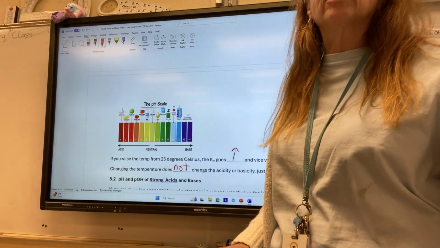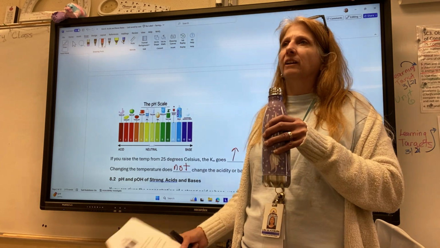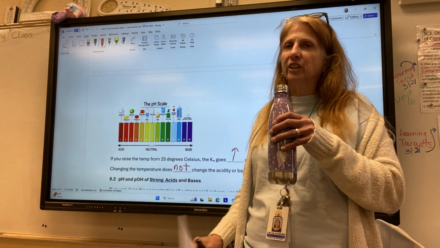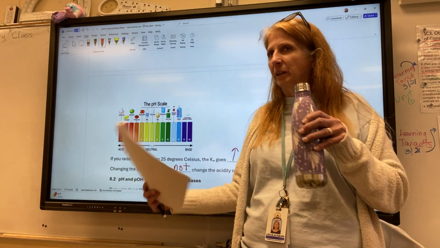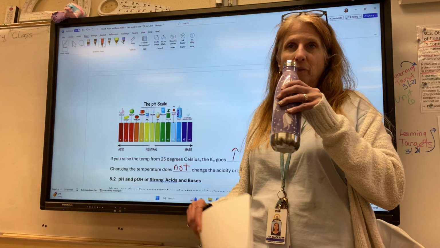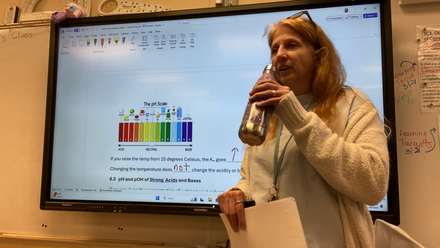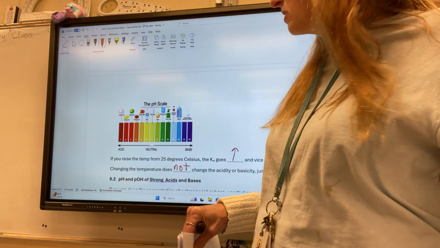That makes sense. If you heat up lemon juice, it doesn't suddenly change its pH. It's still going to be acidic, right? If you chill it and make some lemon sorbet, it's still going to be very acidic, right? But it does change the scale.